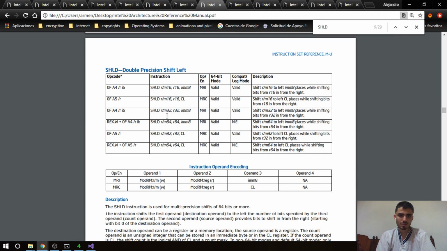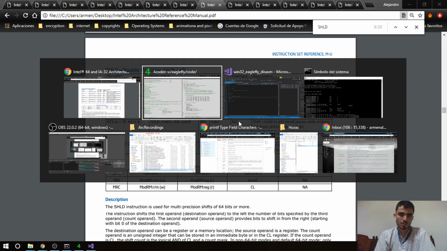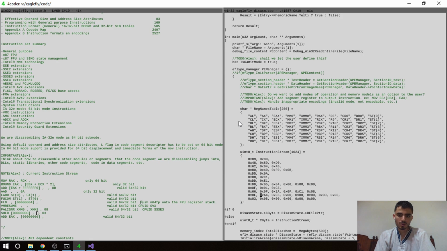But this is, well, what is it? We are looking at this one, which is valid on both, on compatibility and legacy mode. Okay. So this is instruction.